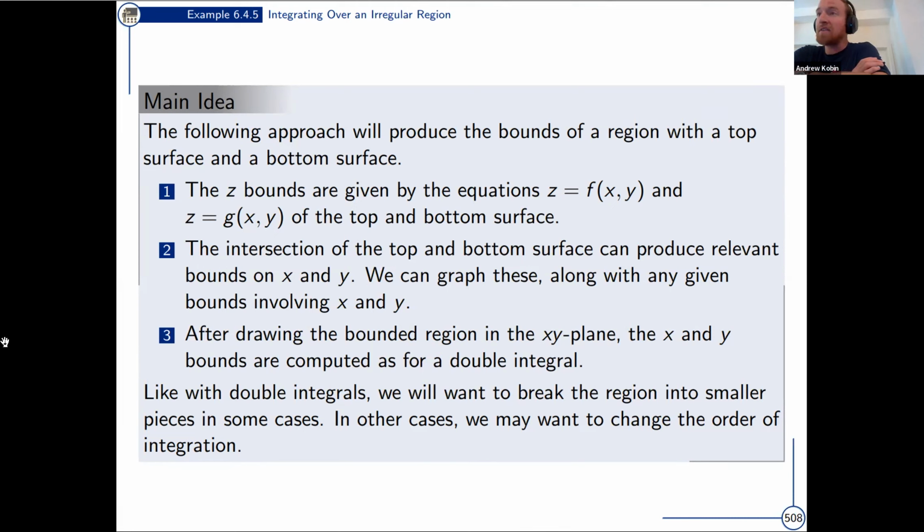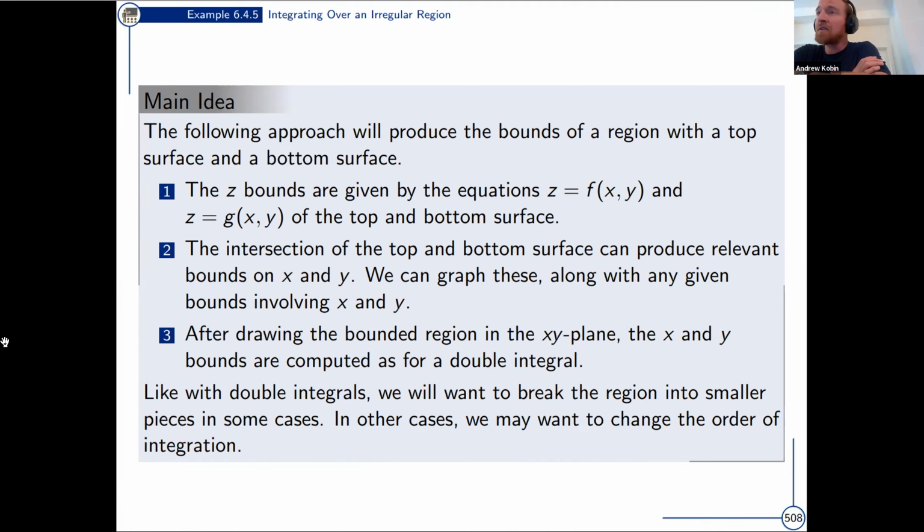Like in the previous problem, we didn't go below the xy plane because we were told not to. Finally, after drawing the boundary region in the xy plane, we can proceed to find x and y bounds just as we did to compute a double integral, just by looking at the xy plot of the base region. But here we have to actually get down to that place by doing something with z first. And notice that in the previous problem, I went backwards and I started with x, then y, and then z, but that was only because I had a picture to look at.